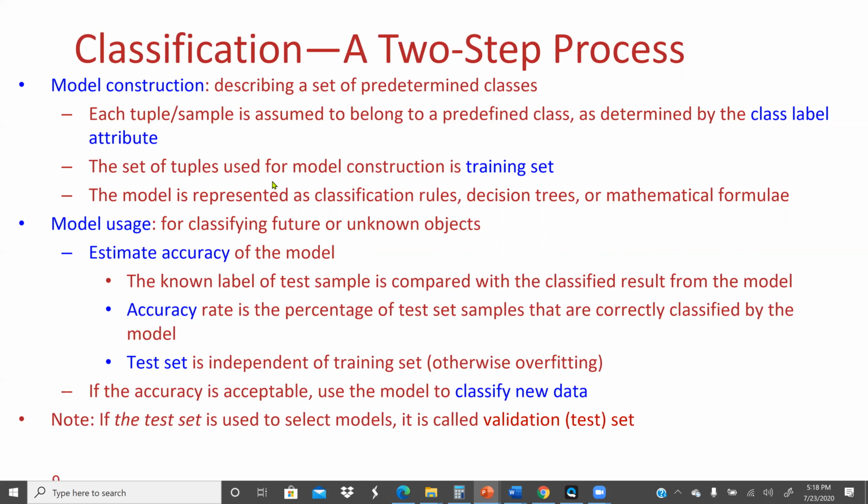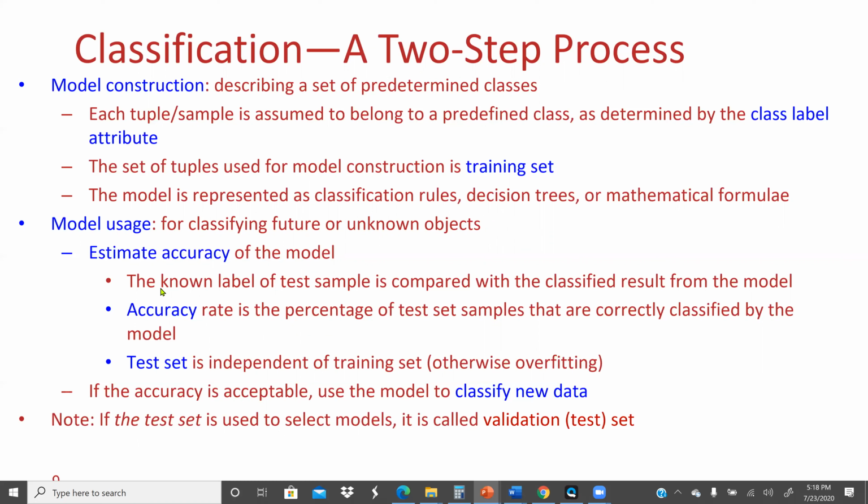The set of tuples used for model construction is called a training set, because we have the attributes and also the class label. The model is represented as classification rules, decision rules, or a mathematical formula. A mathematical formula can be a neural network or support vector machine, which use functions, or regression analysis, also functions.